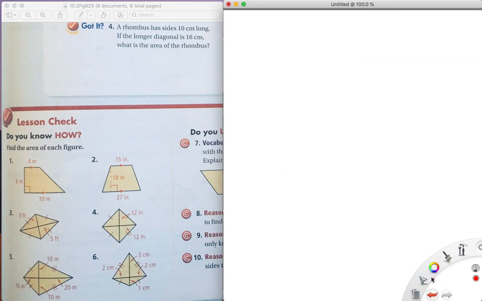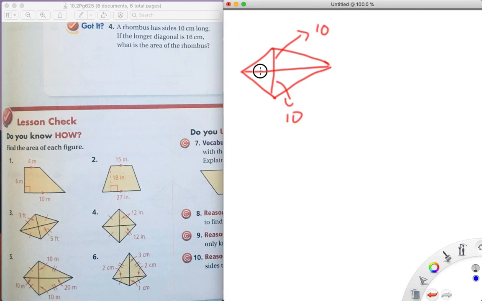Okay. Area of a kite is the same thing. So for number 5, here's my kite. They say that this is 10, this is 10, this is 10, this is 20.